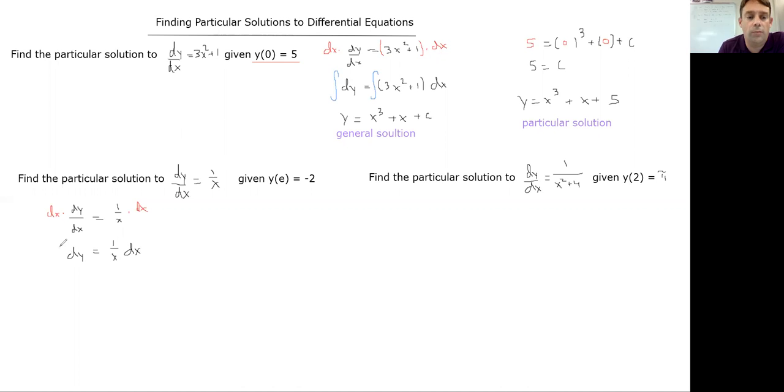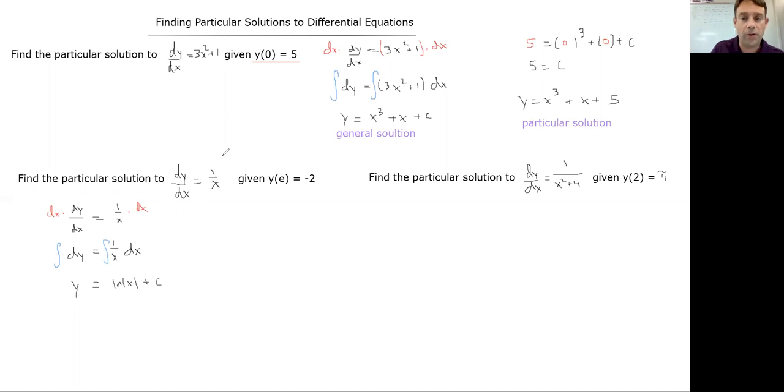So we're going to integrate both sides, friends. And we end up with y equals the natural log of x, don't forget your absolute values, plus c. Okay, so there's my general solution.